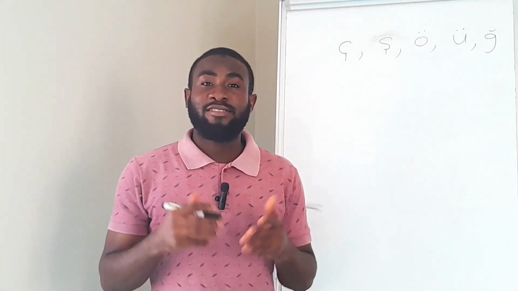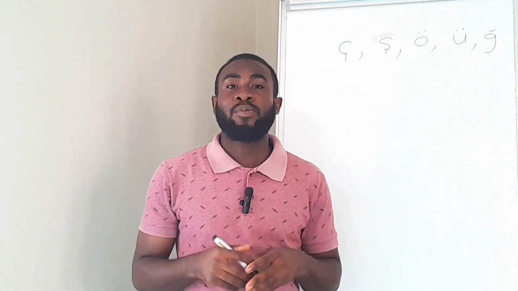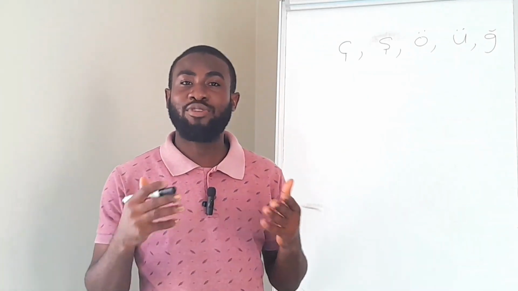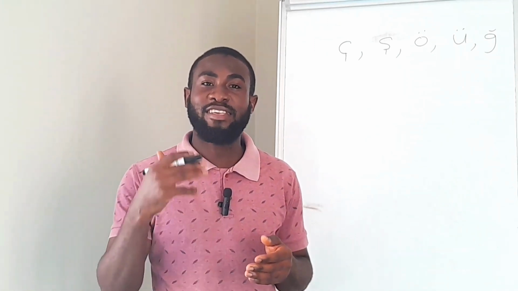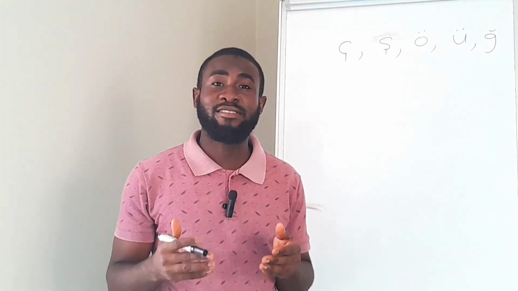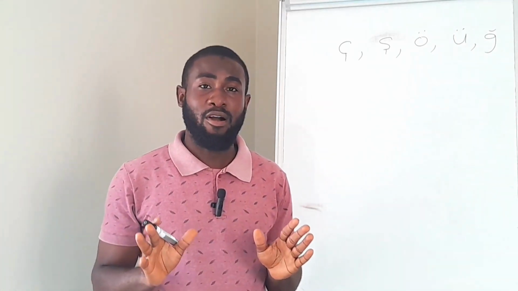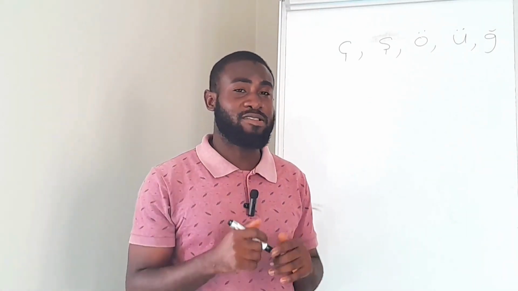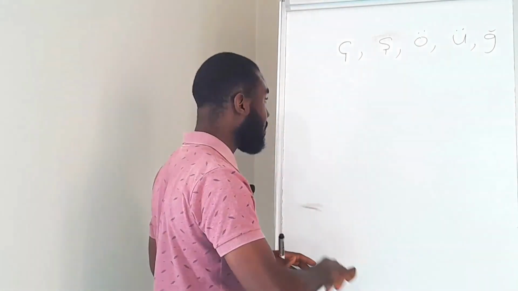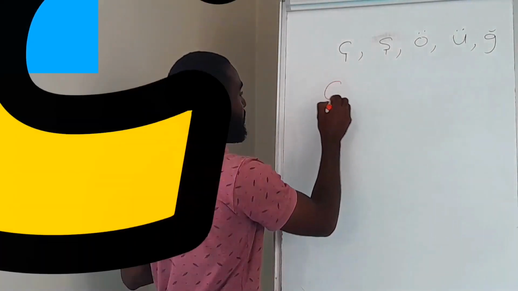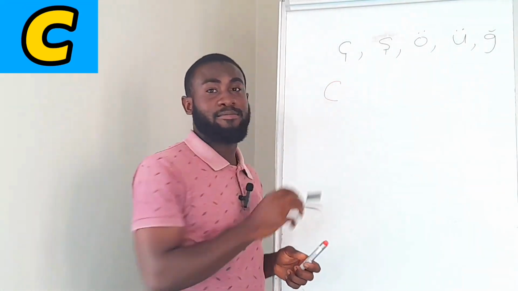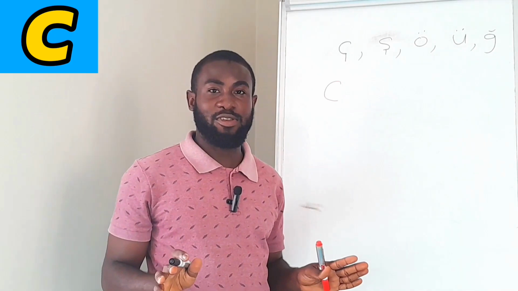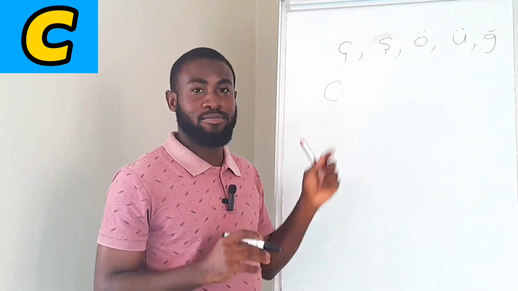Another thing about the Turkish alphabet is that once you learn how to pronounce the letters individually, you will always pronounce each letter with the same sound you learned in the first place. Let's take, for instance, this letter. It is called J in the Turkish language.